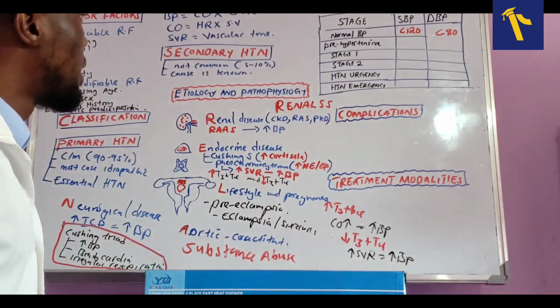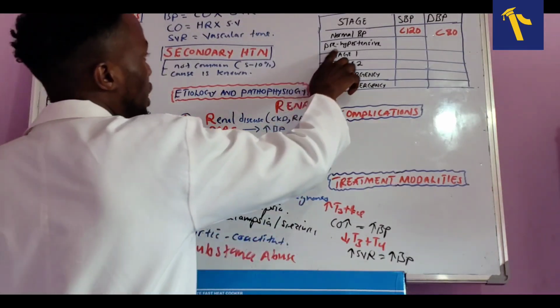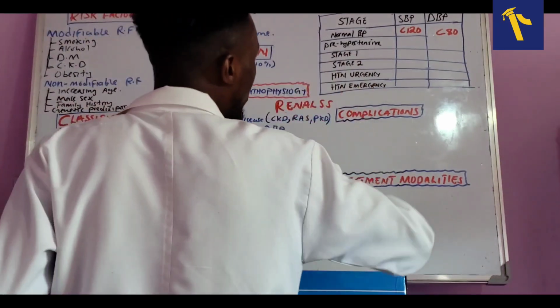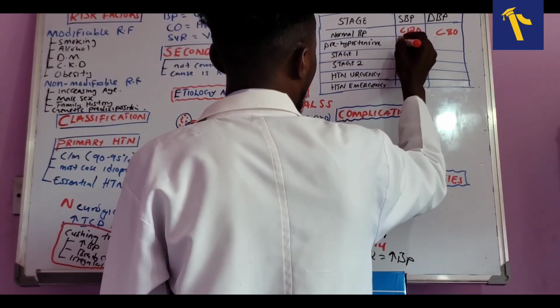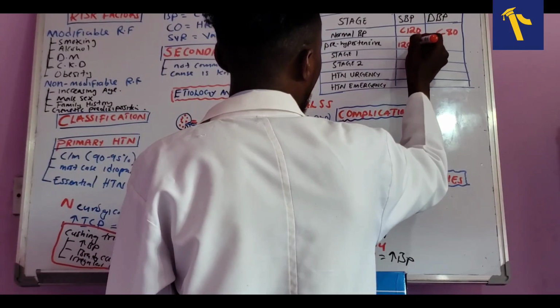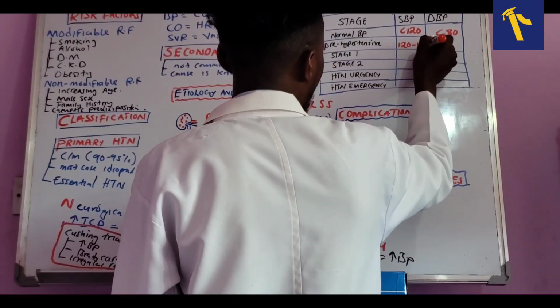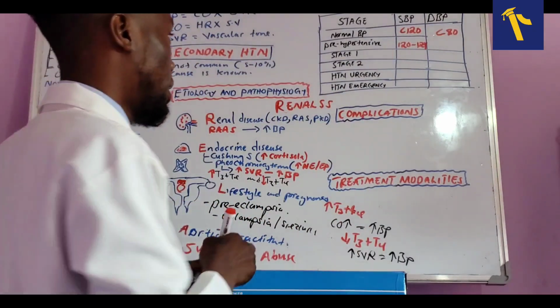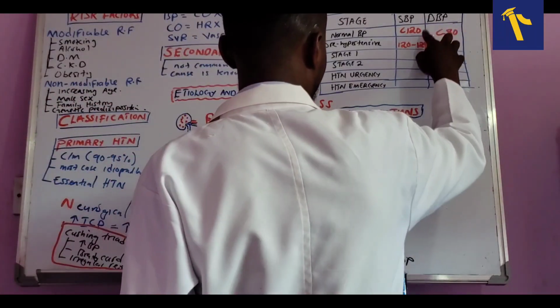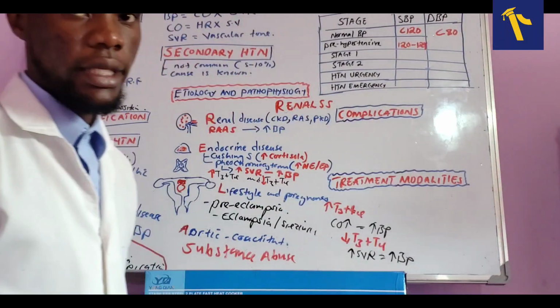Now, in pre-hypertensive patients, the systolic blood pressure is going to change. It will be between 120 to 129, and the diastolic blood pressure will just remain the same, which is less than 80 millimeter of mercury.